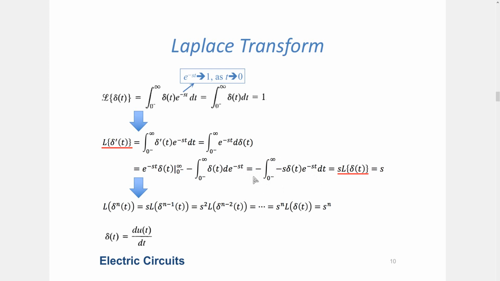So I can represent this as s times, since s is constant from the time domain point of view, as we have t as our variable. We are taking the integration over time. And using this, I can represent it as s times the Laplace transform of delta(t). And this will give us an s.